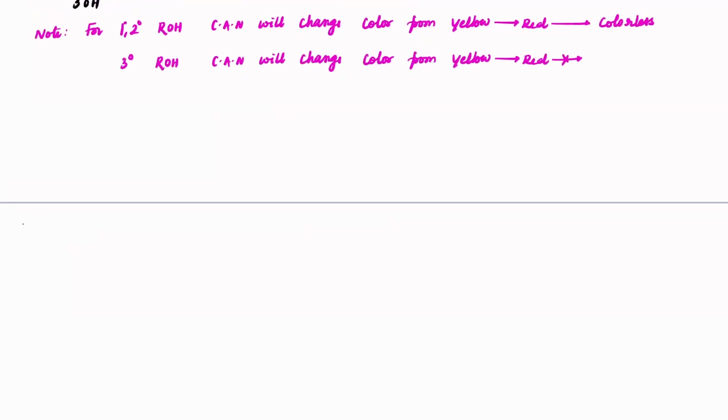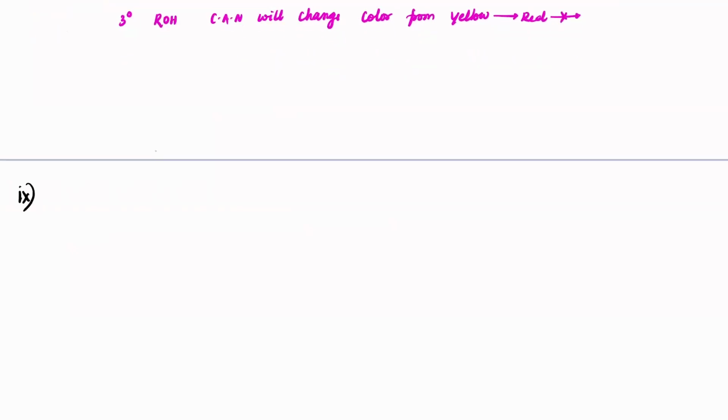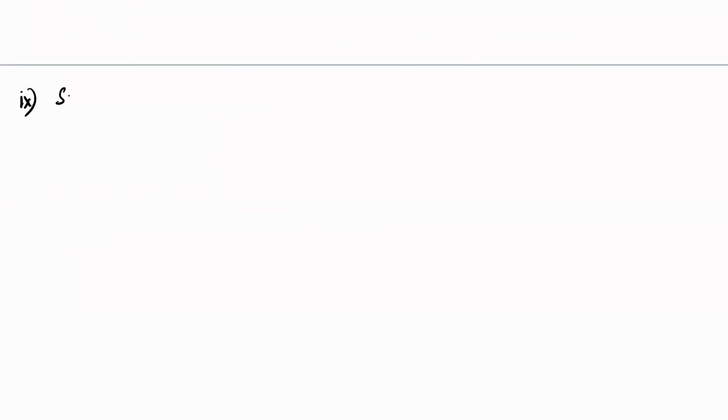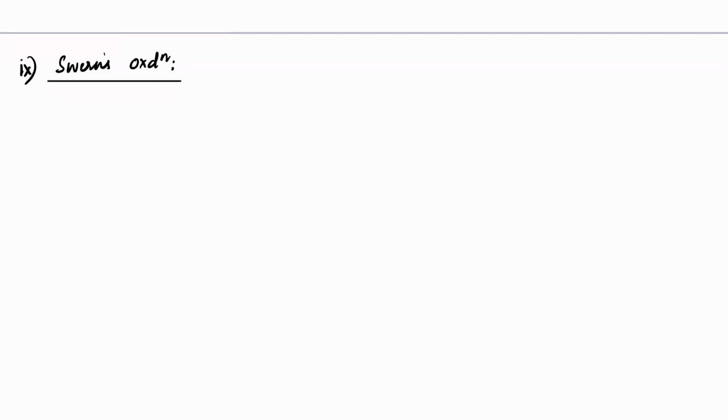Check out the ninth one. The ninth oxidation reaction is Swern oxidation. Not very prominent in the syllabus. It's not usually asked much, so I'll just write down one reaction.